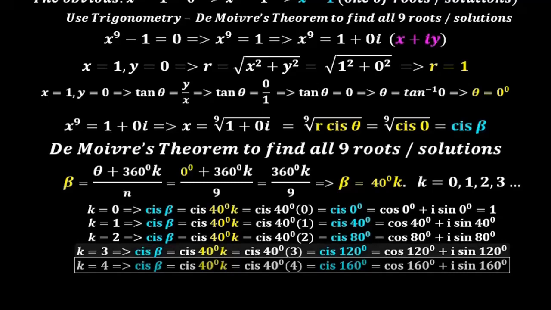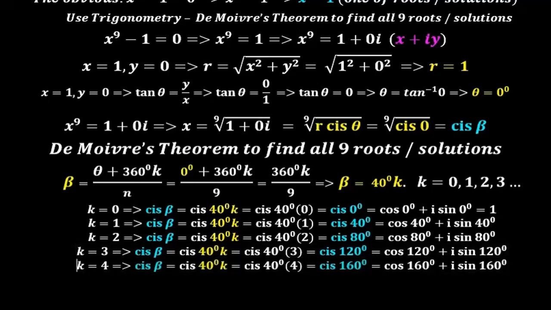When k is 4, cis beta equals cis 40 degrees k, but k is 4, so that is cis 40 degrees times 4, which is cis 160 degrees. It equals cosine 160 degrees plus i sine 160 degrees.